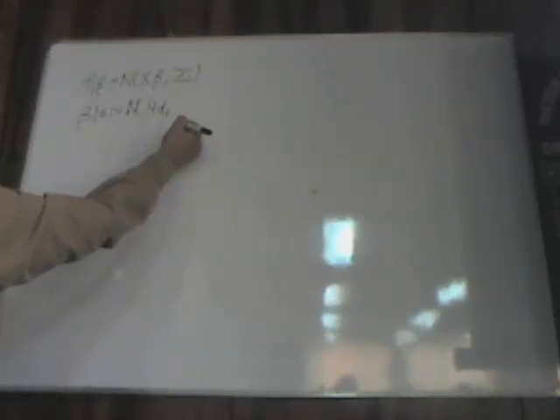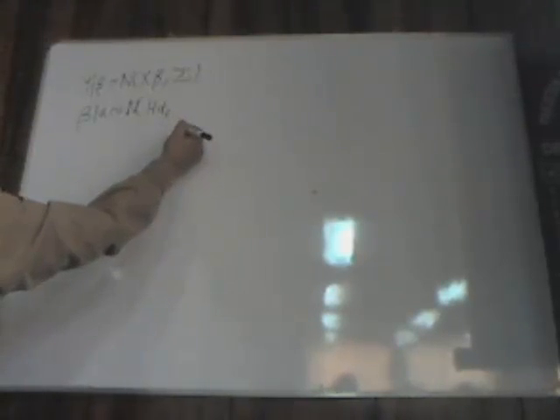Right, so now we go back to the full-fledged hierarchical model. We have y given beta is normal with mean x beta and covariance sigma. Beta given alpha is normal with mean h alpha and covariance matrix omega.